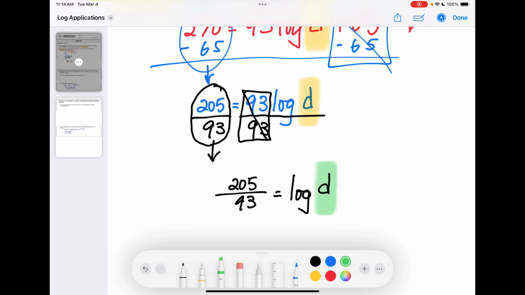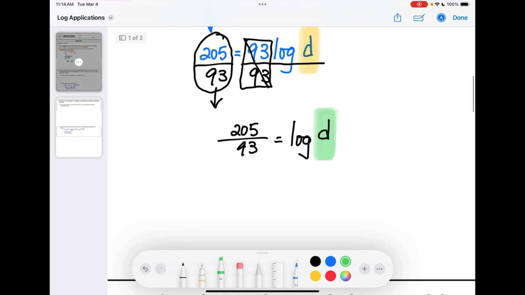Now here comes a fun thing. I want to figure out the D. Because there is a log, we need to think about the inverse function, the exponential. All about the base. The log base is 10, and in class we say that when the base is the same, they cancel out. So in order to take care of the log, I need to use the inverse. Inverse means exponential, all about the base. So I'm going to make a big base 10.